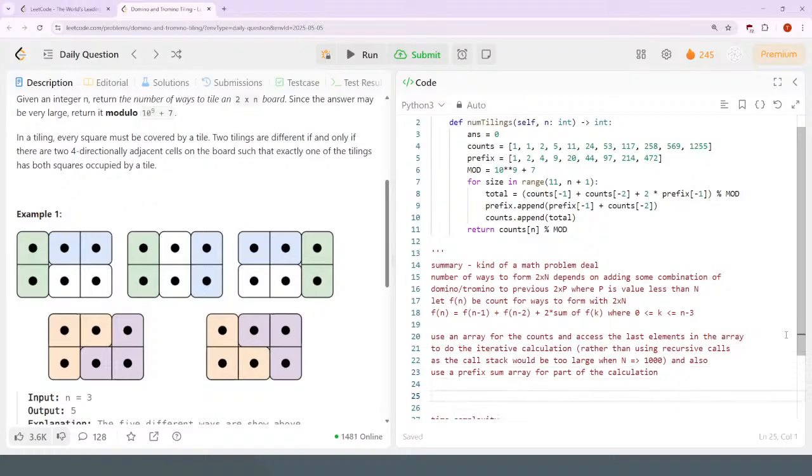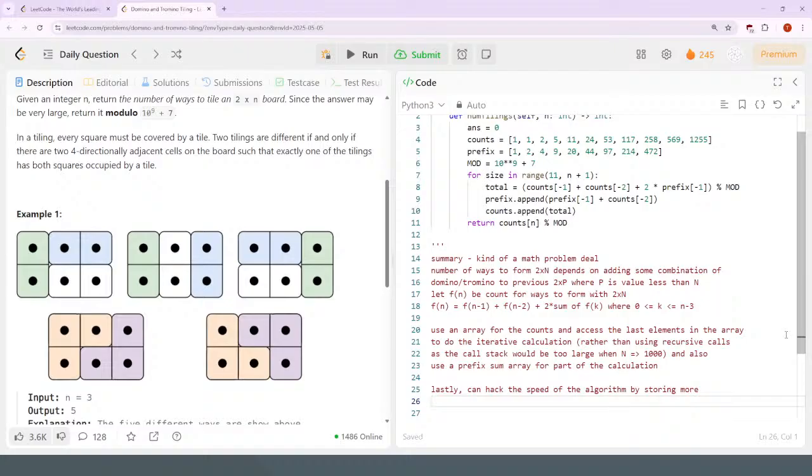And then lastly, you can hack the speed of the algorithm by storing more starting values, or solved counts, for low n values.